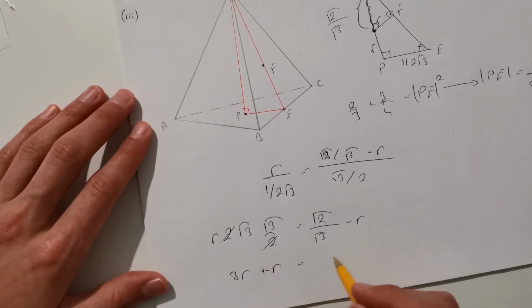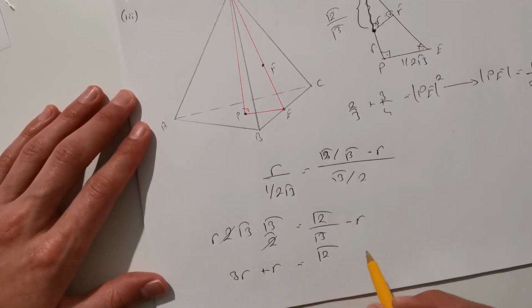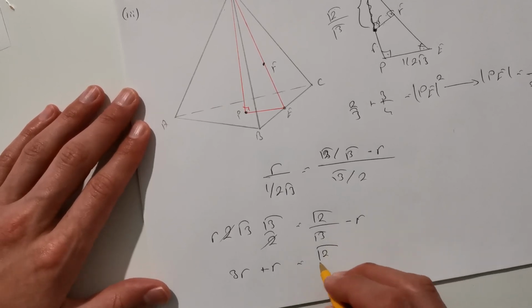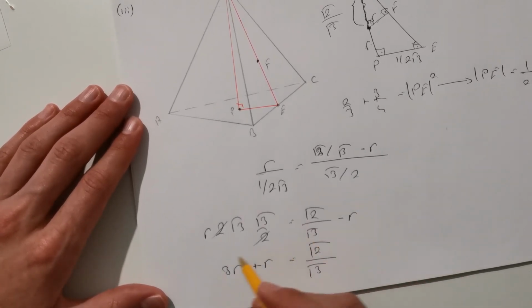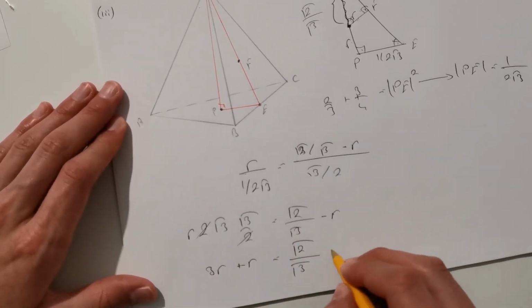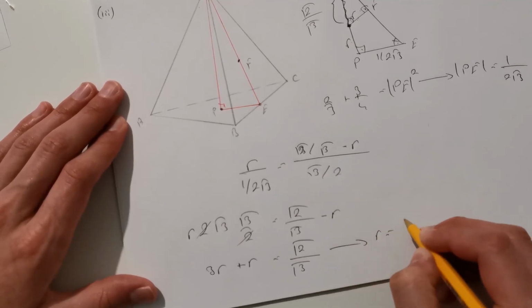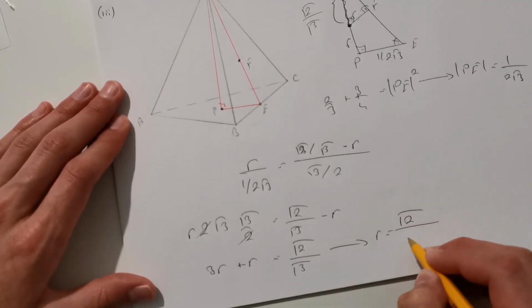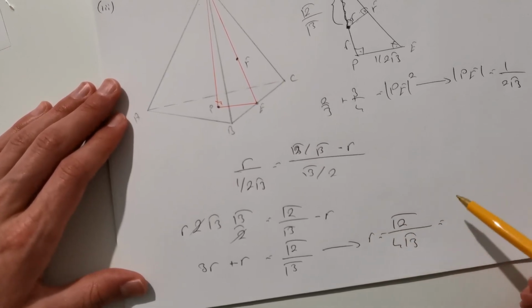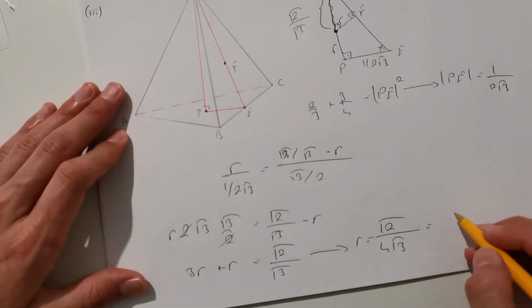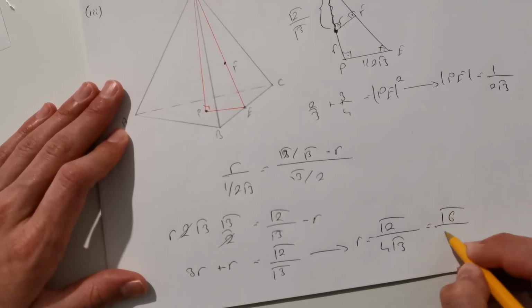Add r to both sides, and then obtain root 2 over root 3 equals 4r. Therefore, r is root 2 divided by 4 root 3, and rationalizing the denominator gives you root 6 divided by 12.